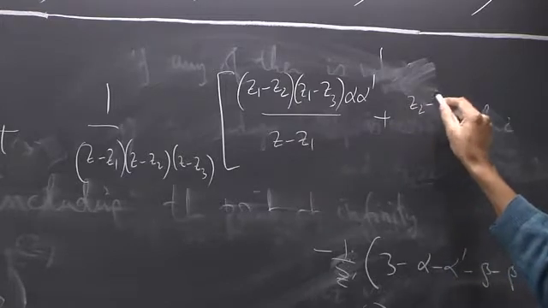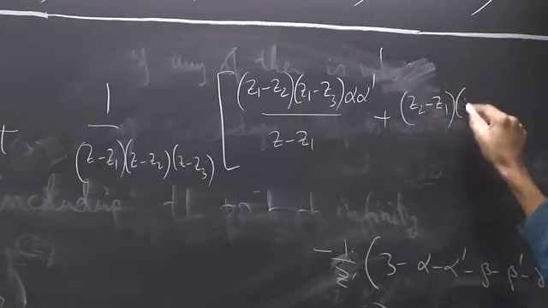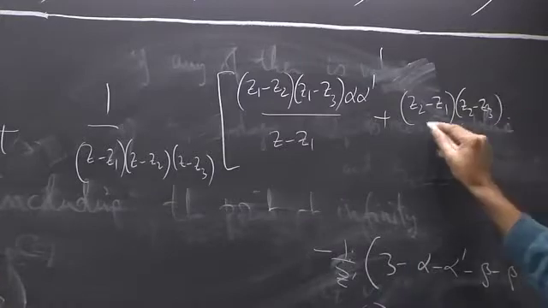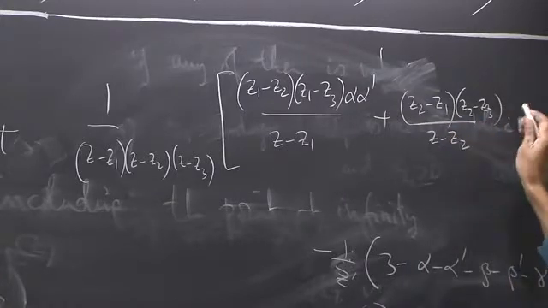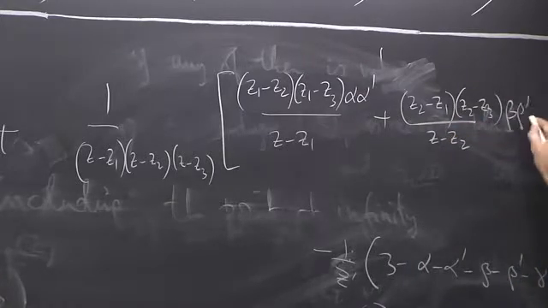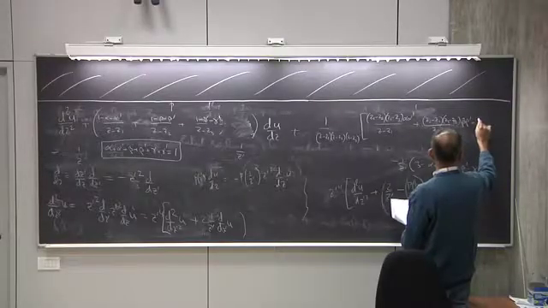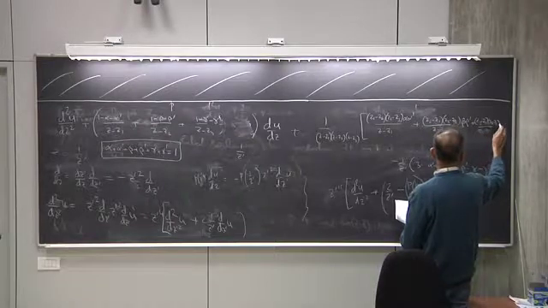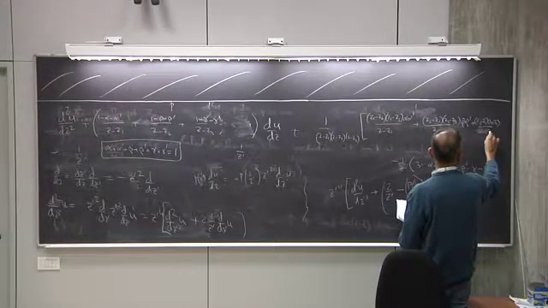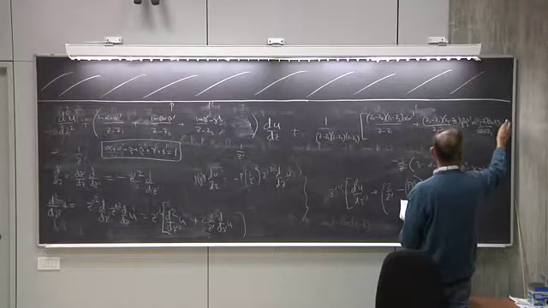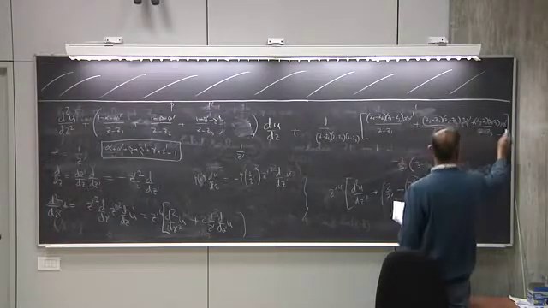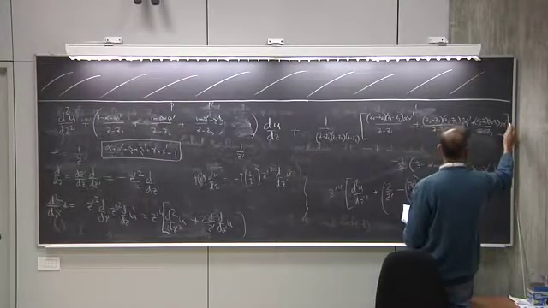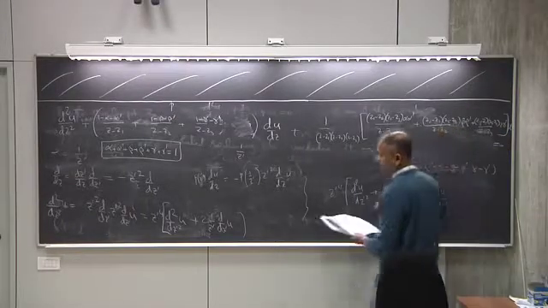So z2 minus z1, z2 minus z3 divided by z minus z2 times beta beta prime, plus z3 minus z1, z3 minus z2 divided by z minus z3, sorry, times gamma gamma prime. This whole thing is Q, so Q times U. So that's the full differential equation.